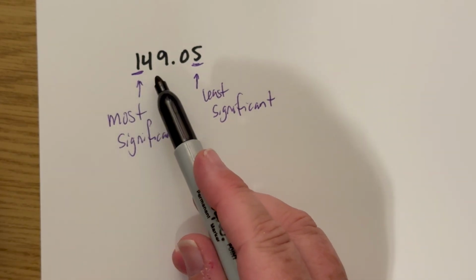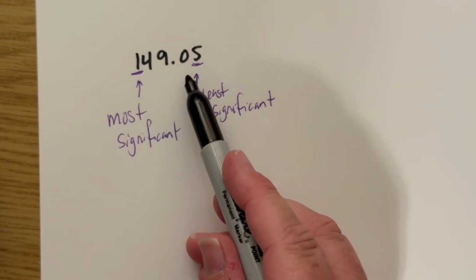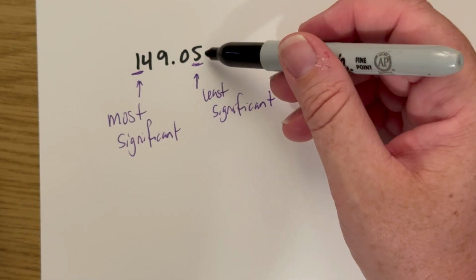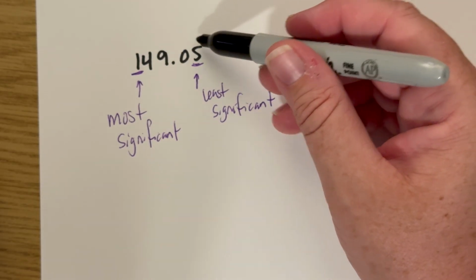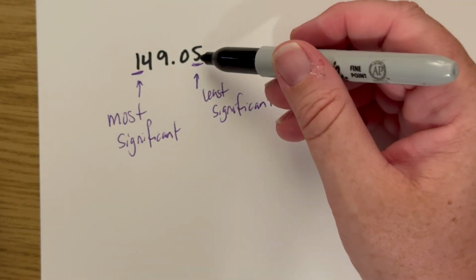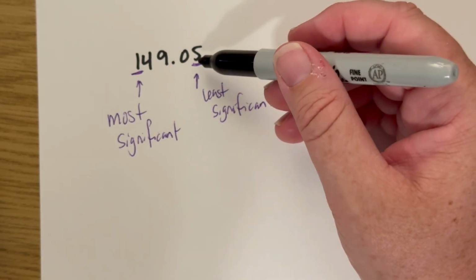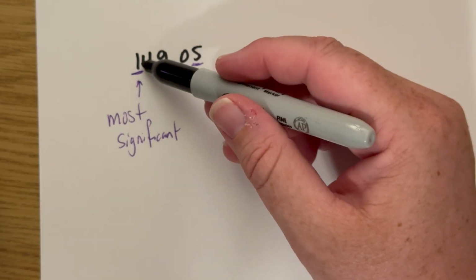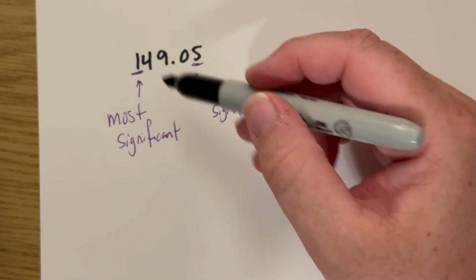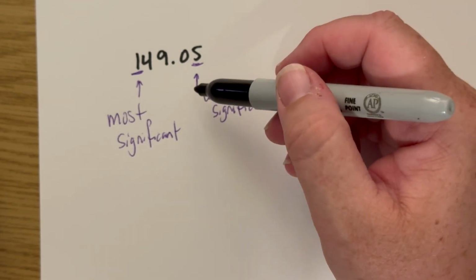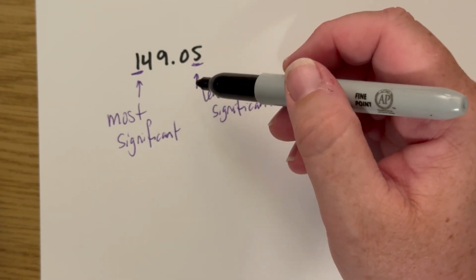Everything then smaller than that becomes less significant to the last significant figure that we have. So this 5 is our least significant digit. It's still significant. We still can measure down to that, but it's not as significant as what we're dealing with here.